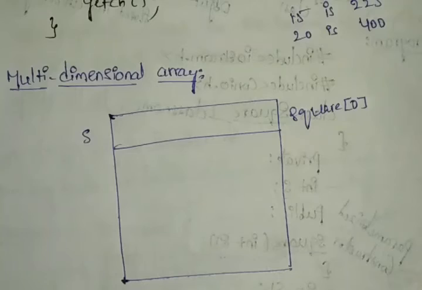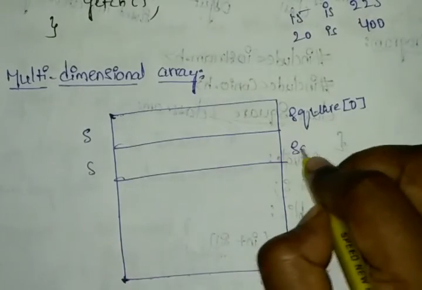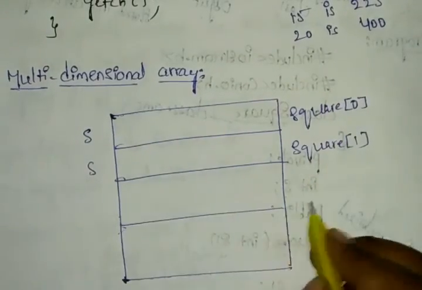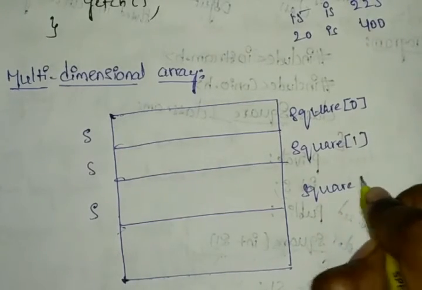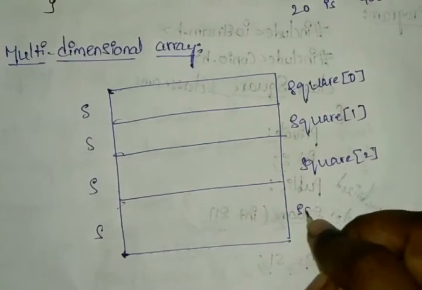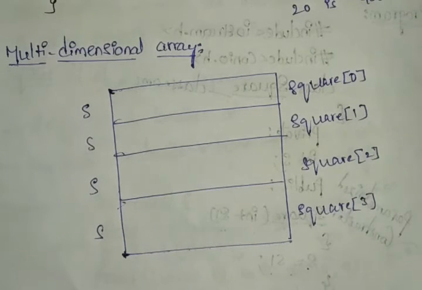So like that also you can mention. Just for your knowing purpose I'm writing. And next, the second object will have square 1. And next you have s, that is square 2. And next it will have square 3. Whatever we discussed in the program, that I am writing.